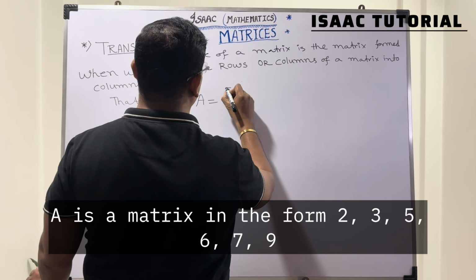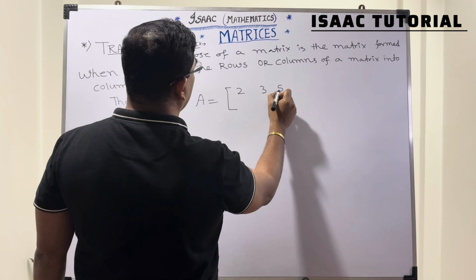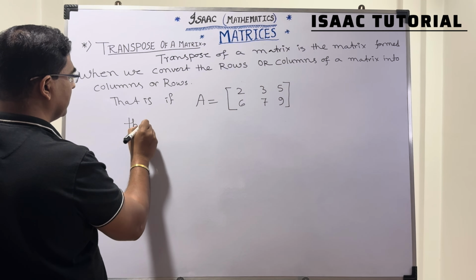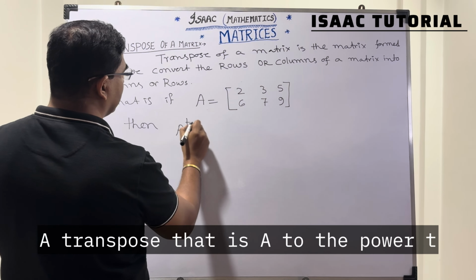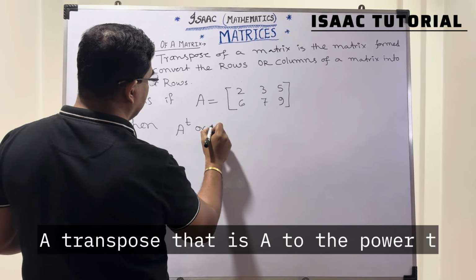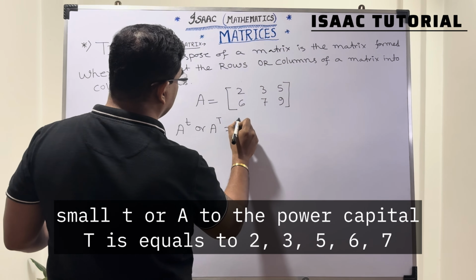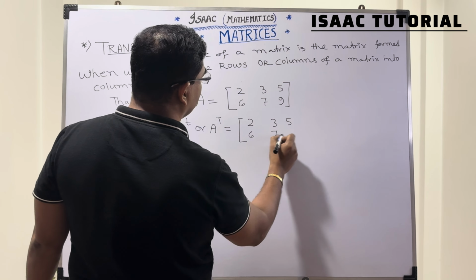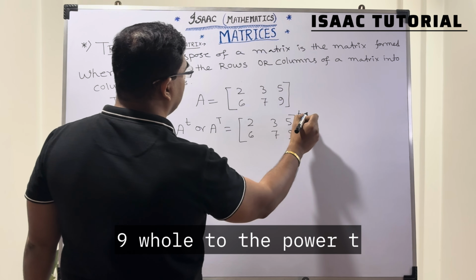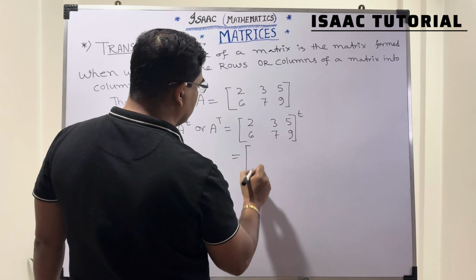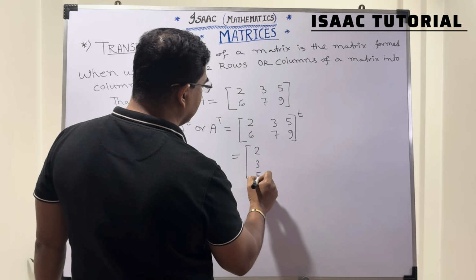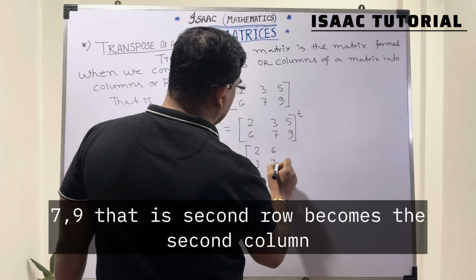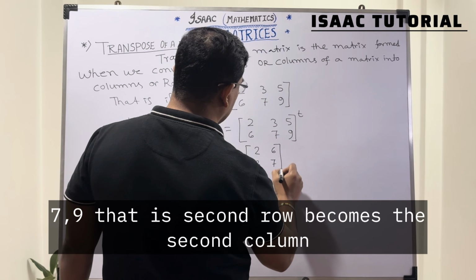A is a matrix in the form 2, 3, 5, 6, 7, 9, then A transpose, that is A to the power t, small t, or A to the power capital T, is equal to 2, 3, 5, 6, 7, 9 whole to the power t, equal to 2, 3, 5, that is first row becomes the first column, and 6, 7, 9, that is second row becomes the second column.